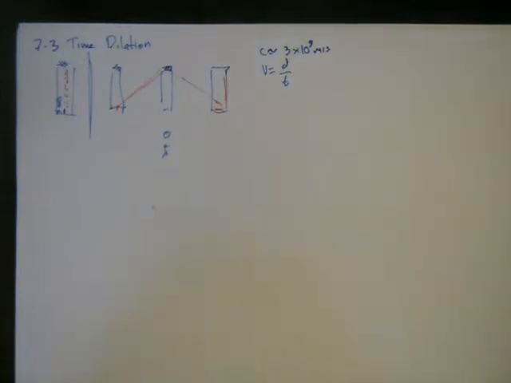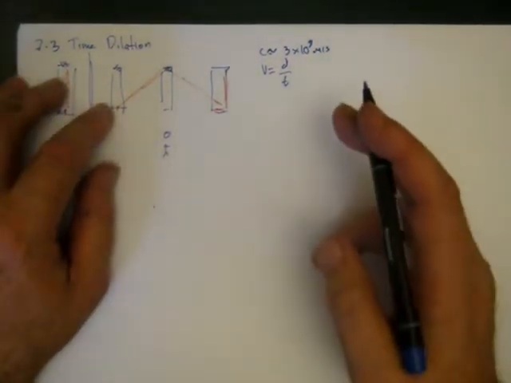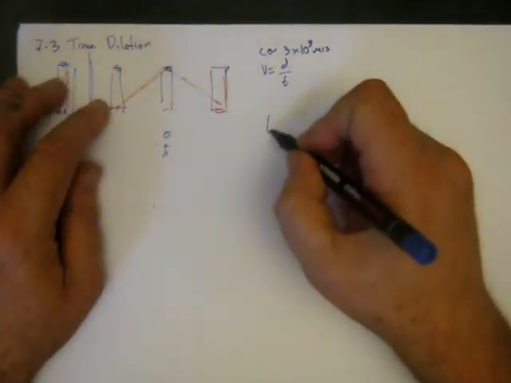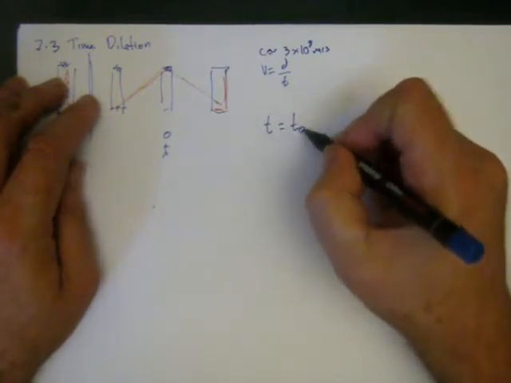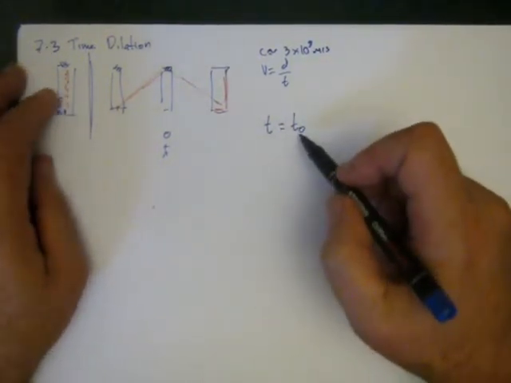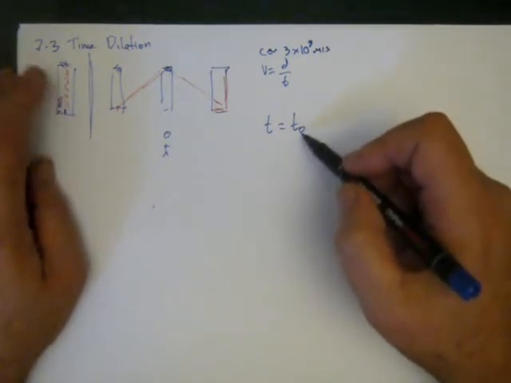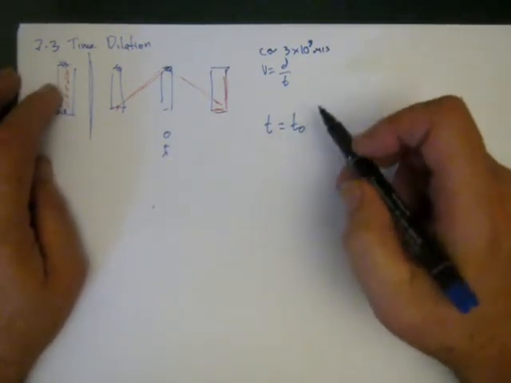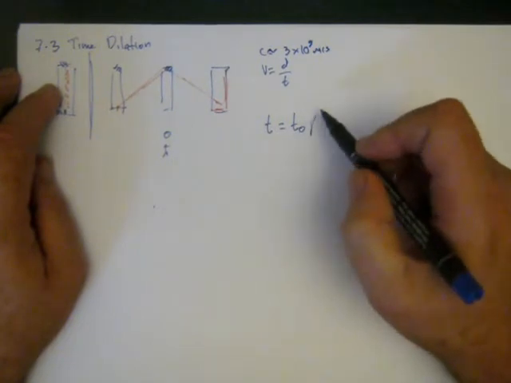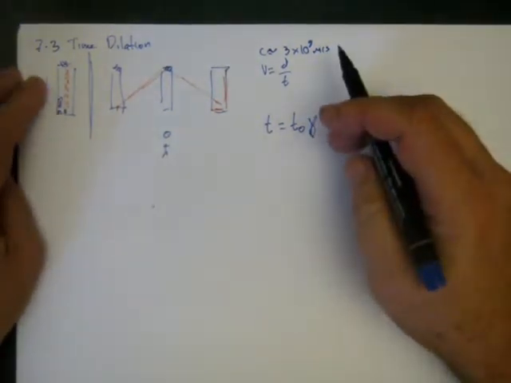We're not going to go through the whole derivation, but basically what we find is that there's a time factor. The time one person sees is going to equal the least time, the observer's time, which I'm going to call proper time, multiplied by what we call a gamma factor or a Lorentz factor.